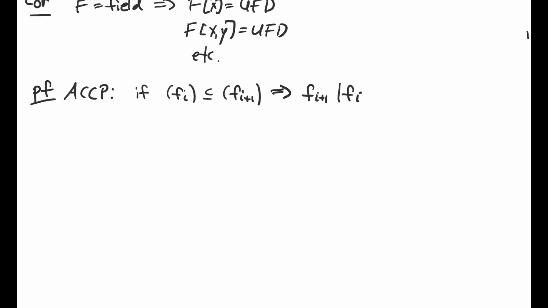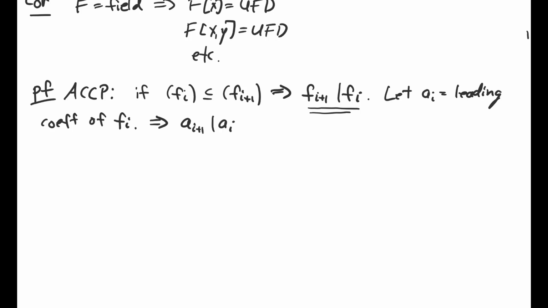So that means f_{i+1} actually divides f_i in D[x]. All right, let's write a_i for the leading coefficient of f_i. And if you look at the two highest powers and their coefficients, the minimum requirement for this statement to be true is that the leading coefficients have to divide each other. So we get that.